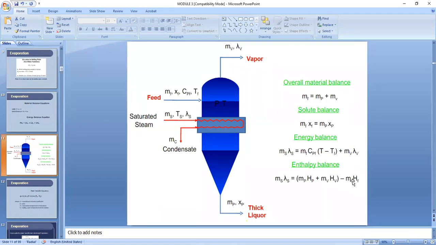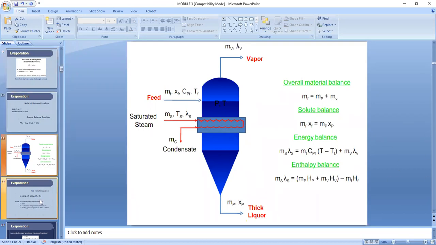I'm just saying this if there is no diagram where you can get the enthalpy of your liquor or your feed. Now, you can also have this one, which is used if you don't have the enthalpy of the feed. So you can use that one or you can have this. Energy balance or enthalpy balance is just the same.